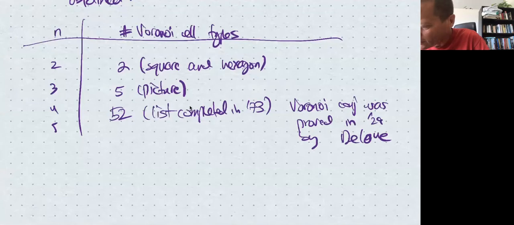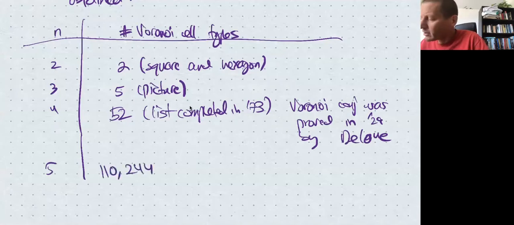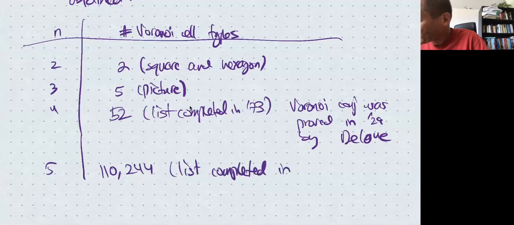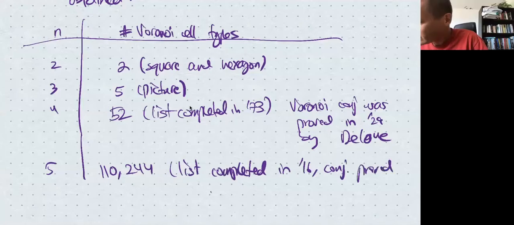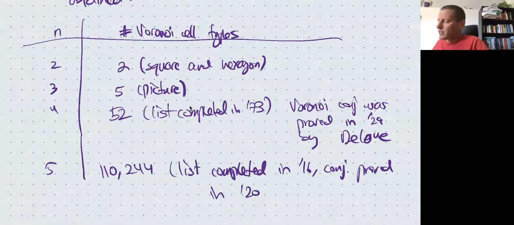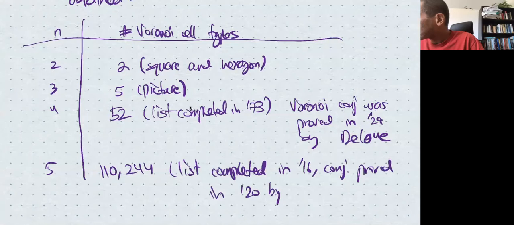I'll get back to this in a second. And in dimension 5, there are about 110,000 Delaunay cells. The list was completed in 2016, and the conjecture was proved. The preprint just came out this year by 2 people. One of them is Magazinov, so Garber and Magazinov.